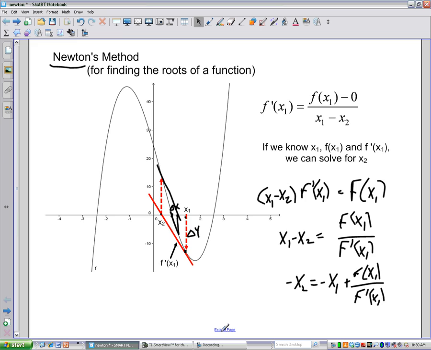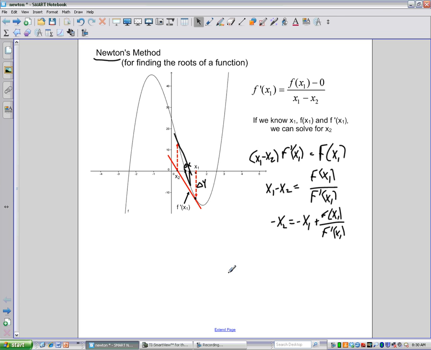Almost there. I don't want to know what negative x sub 2 is. I want to know what positive x sub 2 is, so I just divide by negative 1, changing the signs of everything, so it becomes x sub 2 equals x sub 1 minus this ratio of the function to its derivative. Generally speaking, we'll write that in a general format.